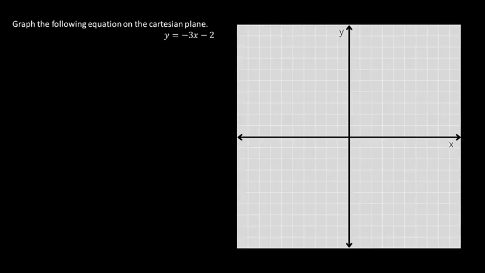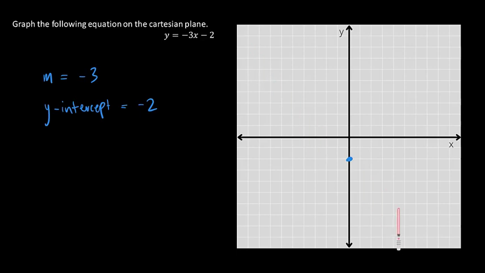Now what we're going to try and do is graph this particular equation using that piece of information. So we know, looking at our equation, m equals -3, and the y-intercept equals -2. So to graph these, what I'm going to do is, first of all, identify my y-intercept at -2, which is there.